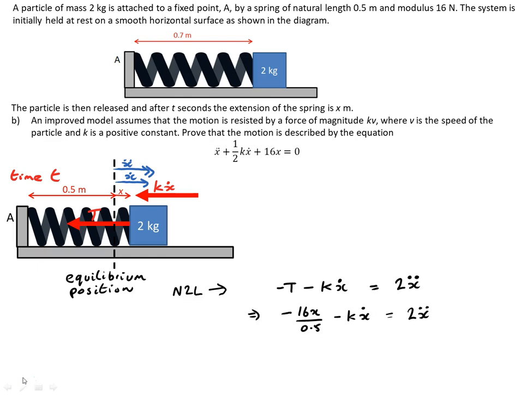Again, exactly as before, T is going to be minus 16x over 0.5, so minus 16x over 0.5 minus k x dot equals 2x double dot. So we've got 0 is 2 times d2x/dt squared plus k times dx/dt plus 32x, and divide through by 2, we obtain exactly the equation we're looking for.